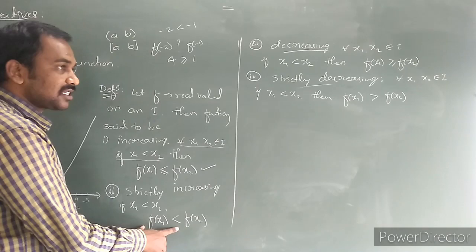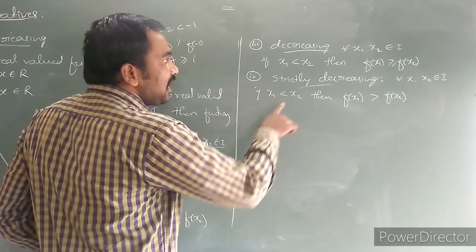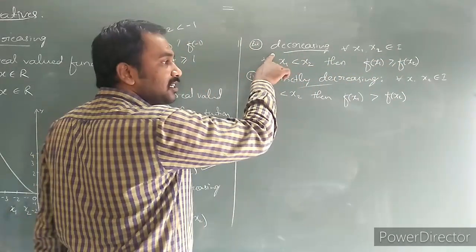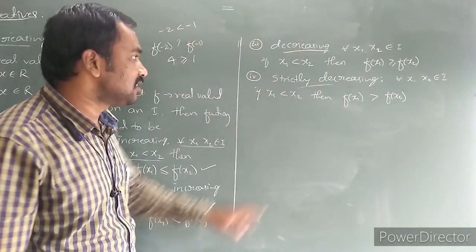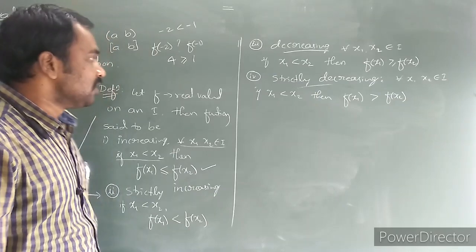If strictly less than, it is strictly increasing. If greater than or equal to, it is just decreasing. If strictly greater than, we say it is a strictly decreasing function.